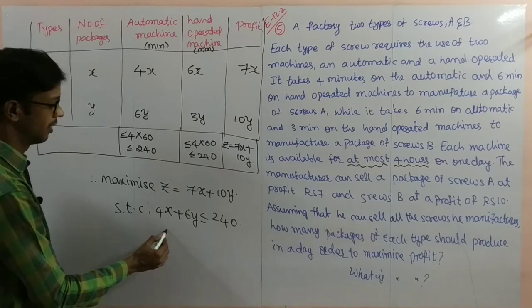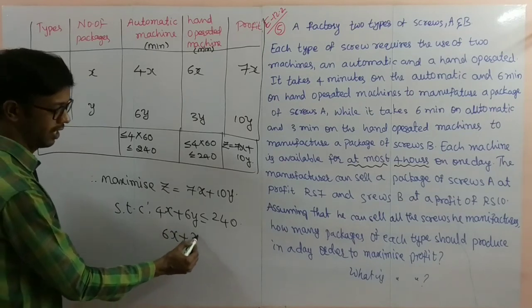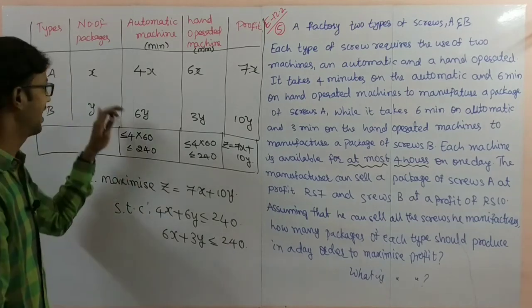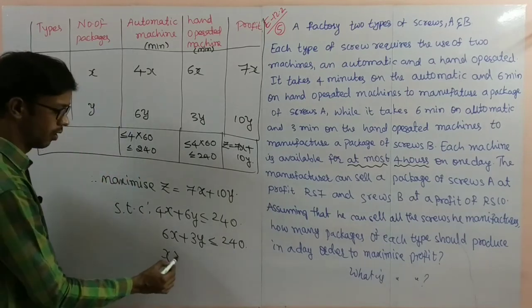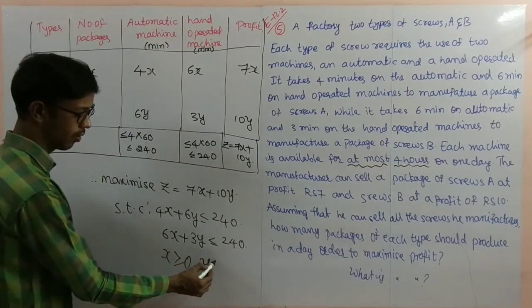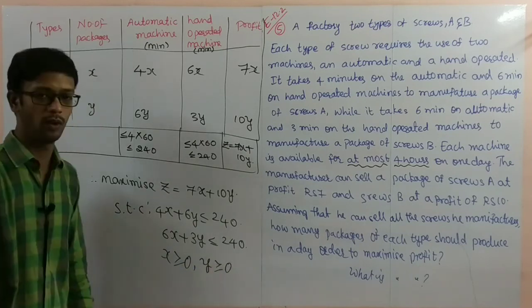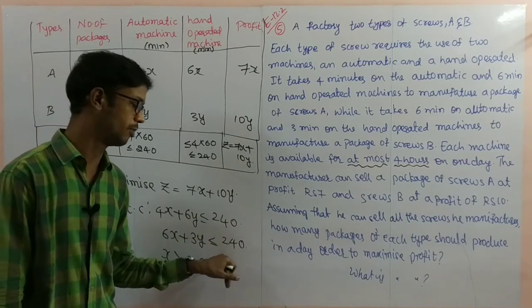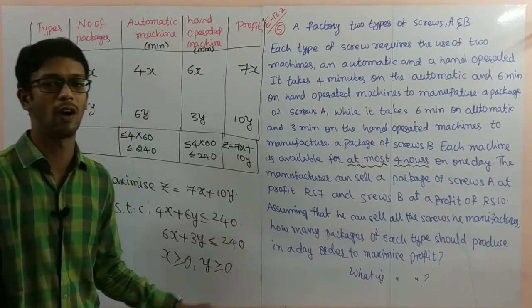Next one, 6x plus 3y is less than or equal to 240. And packages compulsorily greater than or equal to 0. X is greater than or equal to 0, y is greater than or equal to 0.